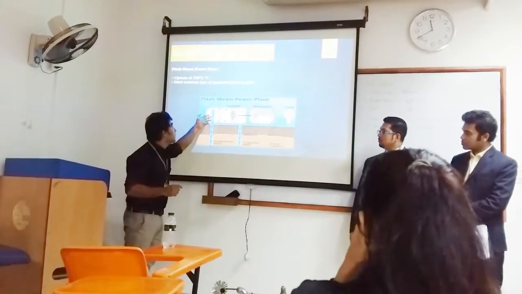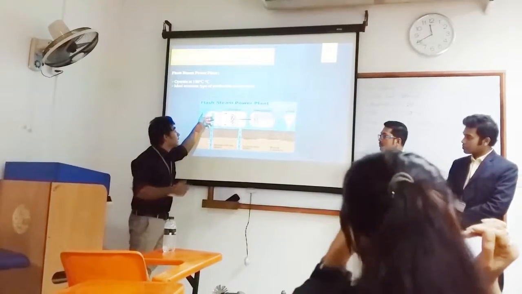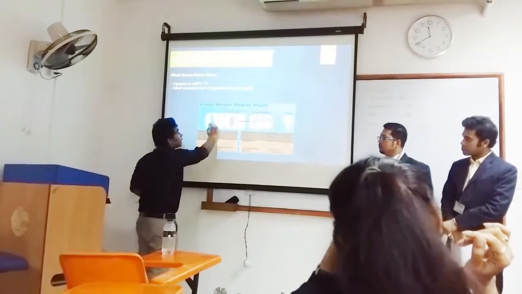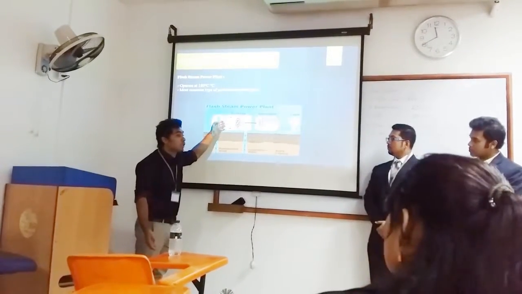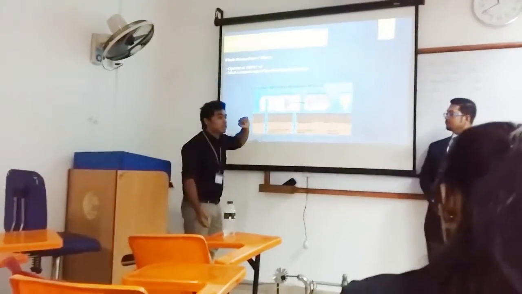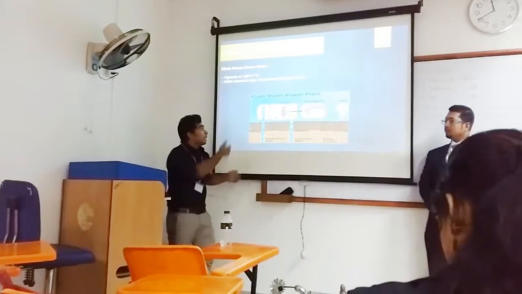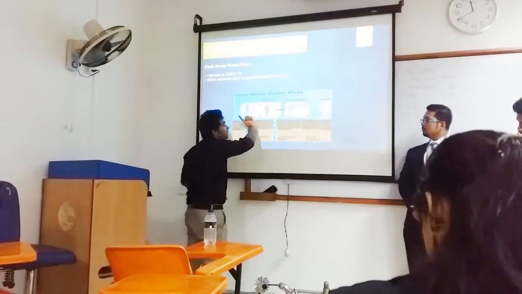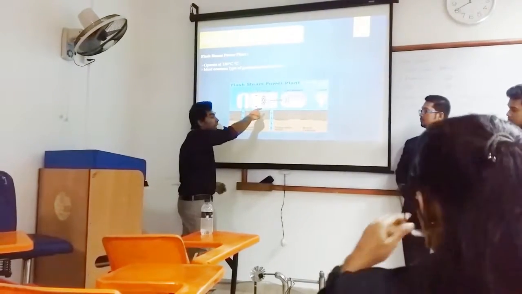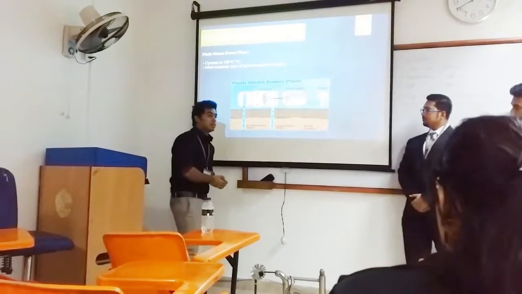There is a scope for only the steam to go in this direction. Then only the steam is directed to the turbine, and the turbine is connected to the generator.